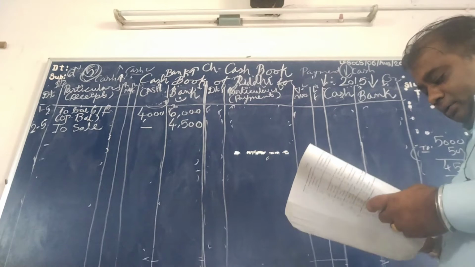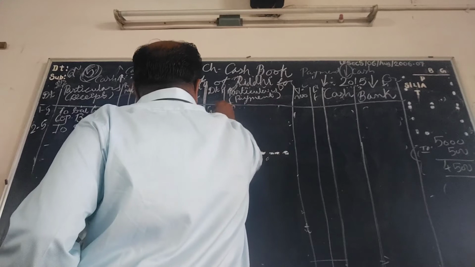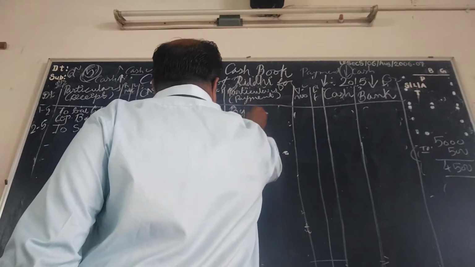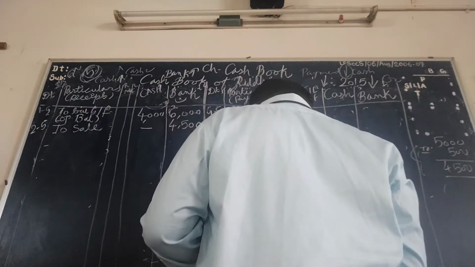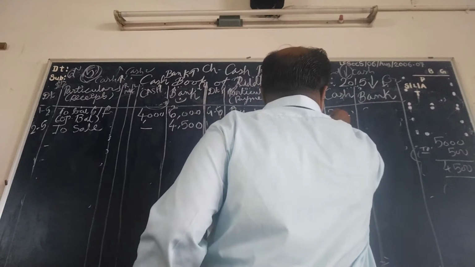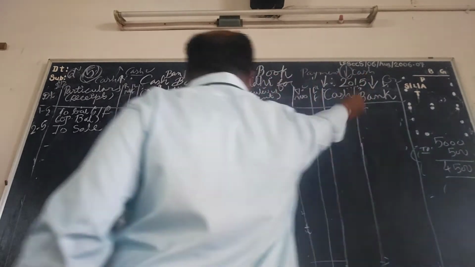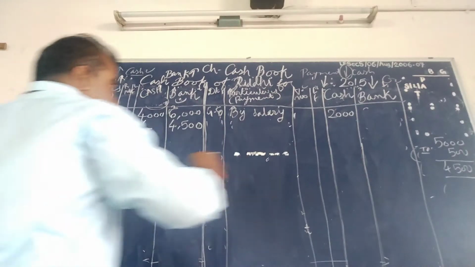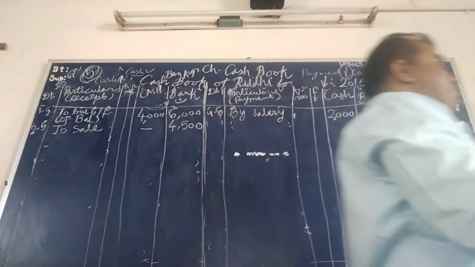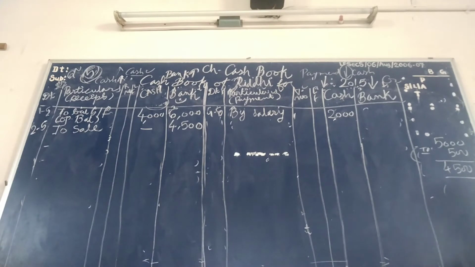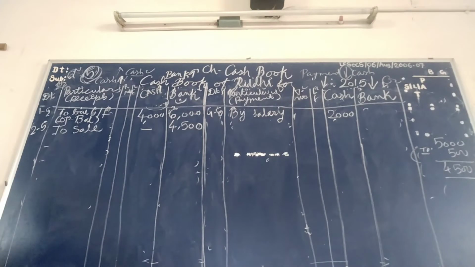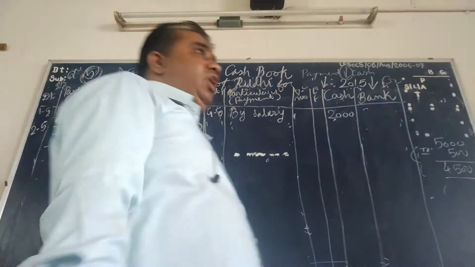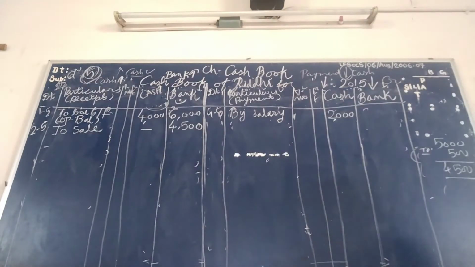So we write here by salary on the 4th of May, 2,000. It is paid in cash, so we write it in the cash column. And remember, students, voucher numbers are not given throughout the sum, so we do not write the voucher number. But if a voucher number or receipt number is given, we have to write it.